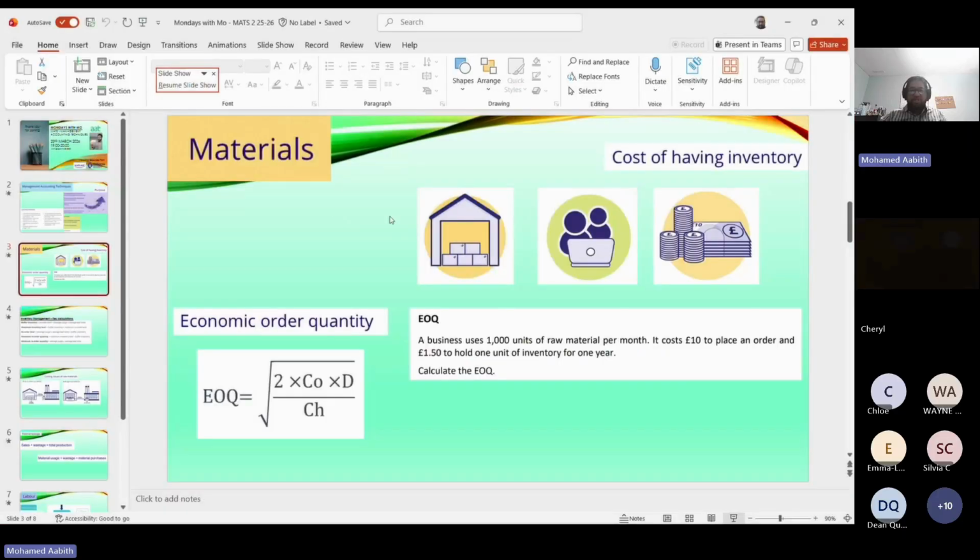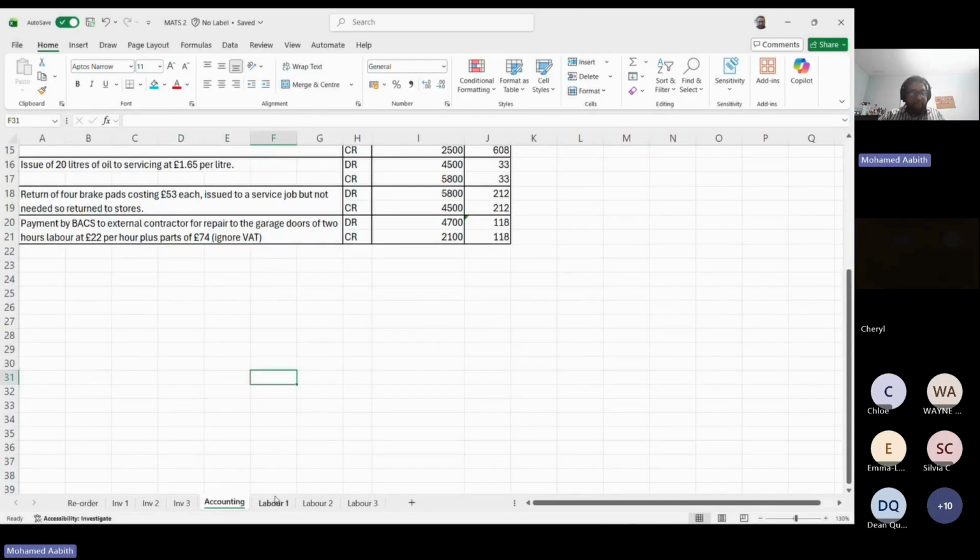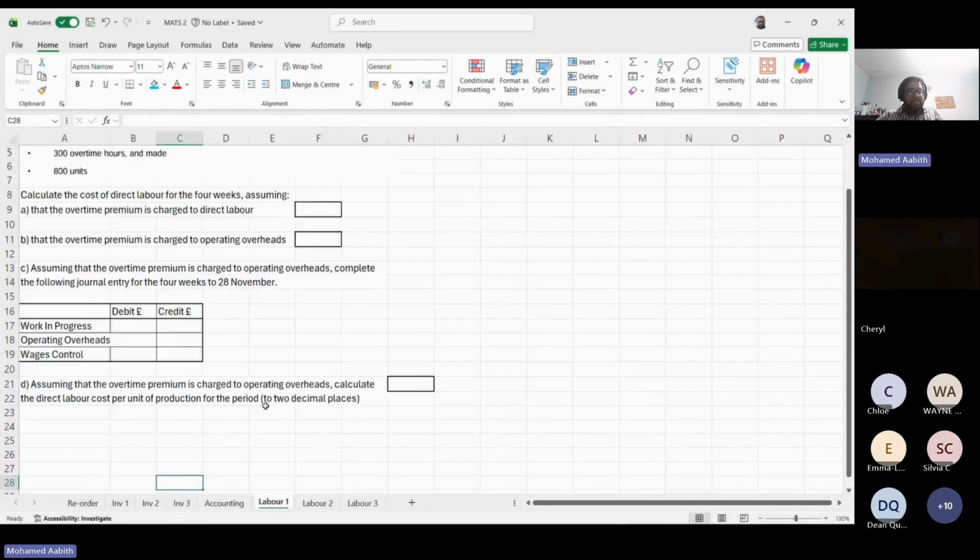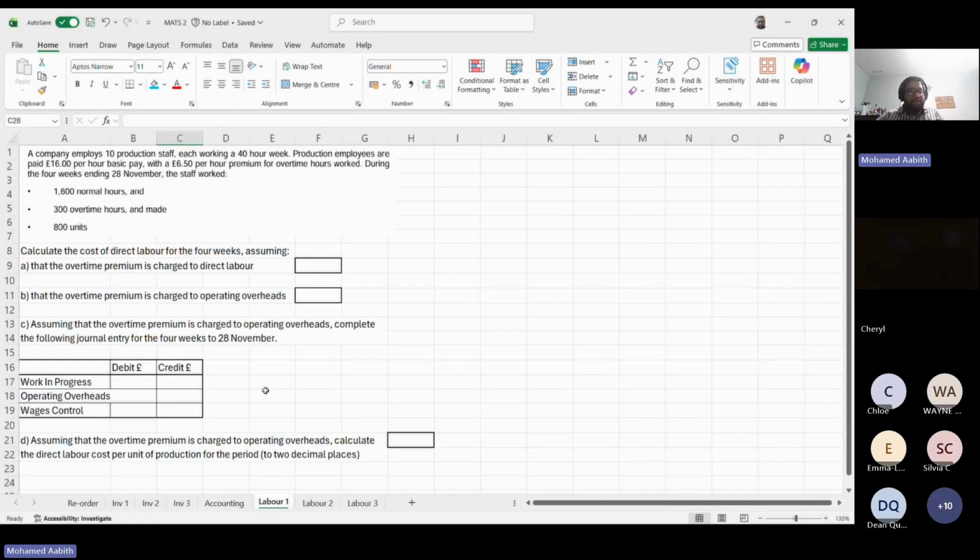So let's have a look at it now. Here is a question on labor which you may find in the exams. The first question is: a company employs 10 production staff, each working 40 hours a week. Production employees are paid £16 per hour basic pay with £6.50 per hour premium for overtime worked.